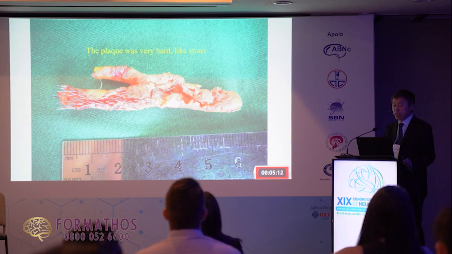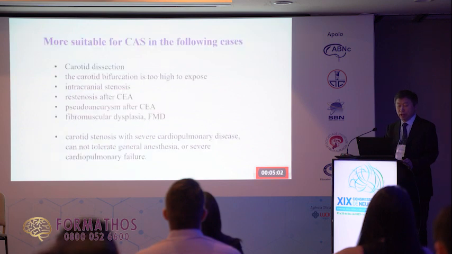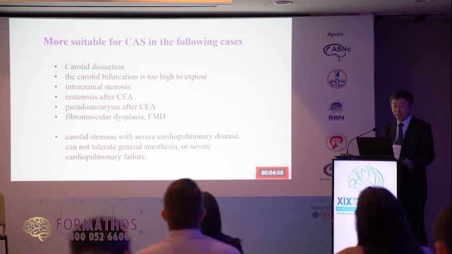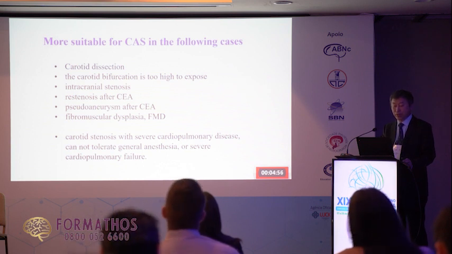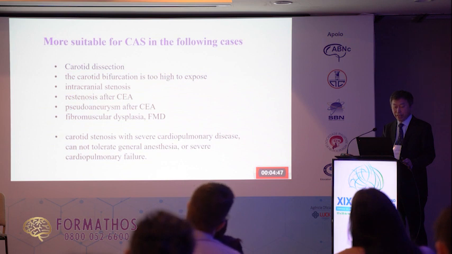So we suggest choosing CEA rather than CS for this hard calcified plaque. And more suitable for CS in the following cases: carotid dissection, carotid bifurcation too high to explore, intracranial stent, and restenosis after CEA.